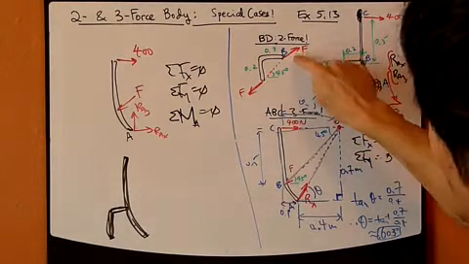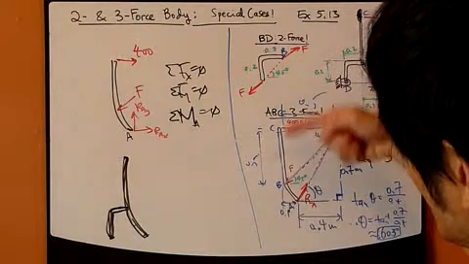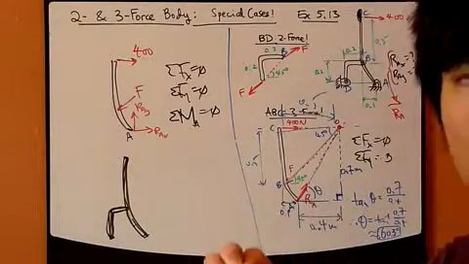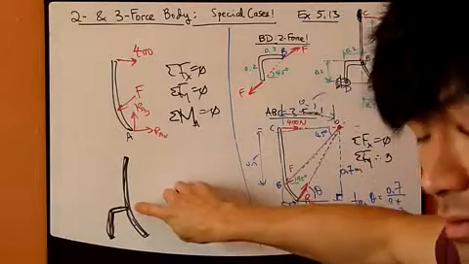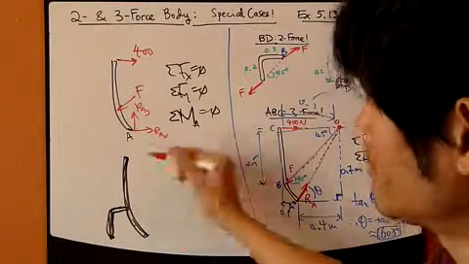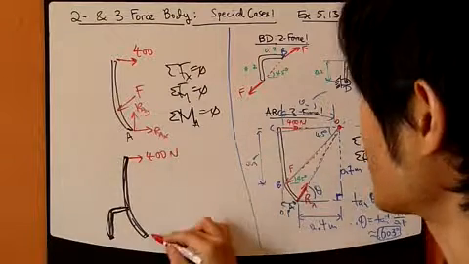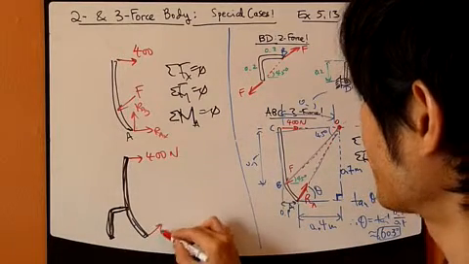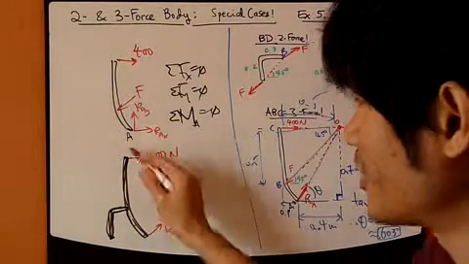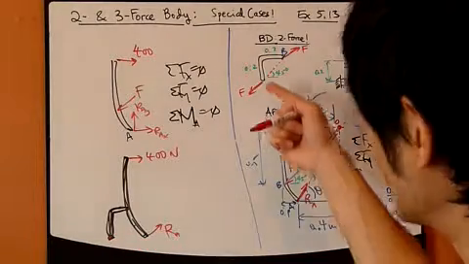This force F at point B and this force F at this point B are equal but opposite. We combine the two, they become internal forces, so they disappear. There's no force here now because it becomes internal. So the only forces that exist are these two, but also a reaction force here, which is this F right here.